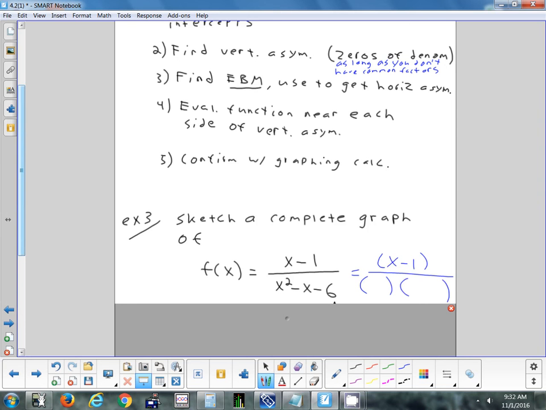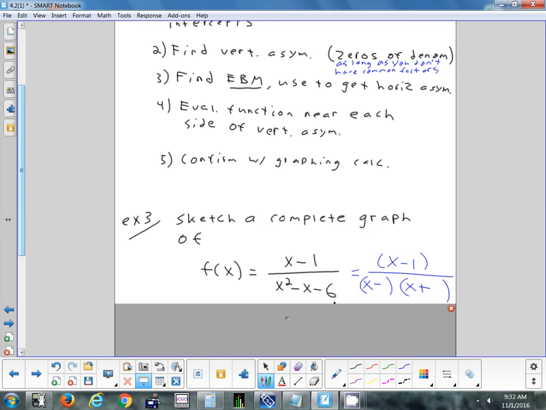Austin, what will be my first term in each parenthesis when I factor? Yep, I'm going to get an x and an x. How about Connor? What about my signs? Negative, positive. Yep, we're going to need one of each.